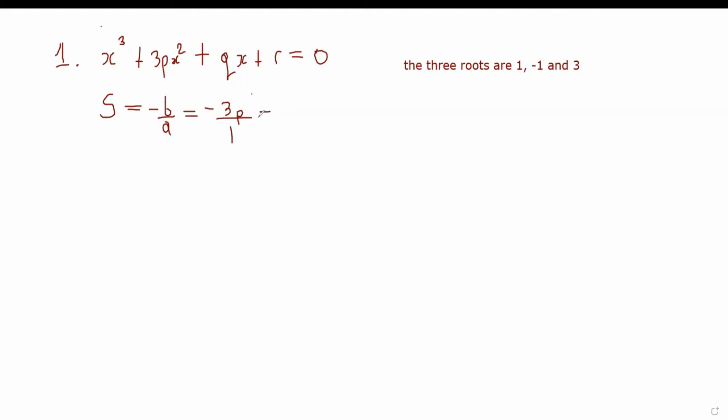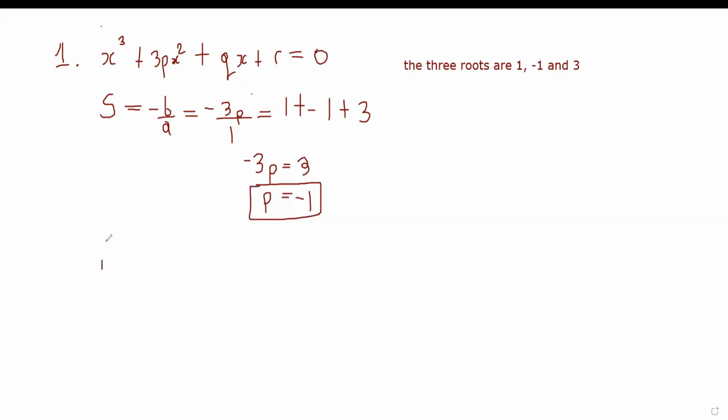Minus 3p would be equal to the sum of the three roots, which is 1 plus -1 plus 3. It's that easy. So minus 3p equals 3, and that means p is equal to -1. So we've found p.